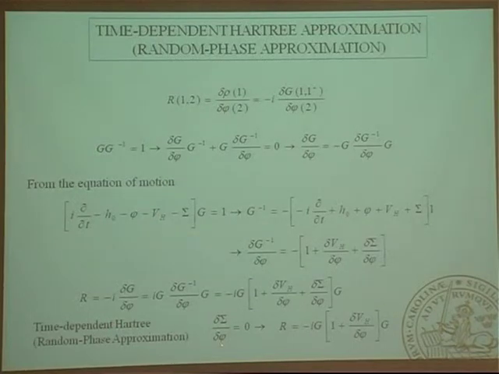So this is set to 0. This is sometimes called the vertex corrections. And we then get this expression for the response function in terms of the Green's function. This is the reason why the random phase approximation is equivalent to time-dependent Hartree.